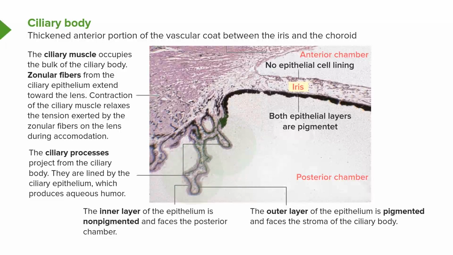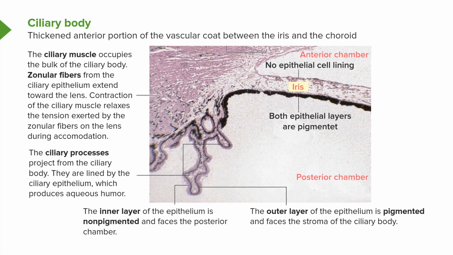the ciliary processes which you see there, they have an epithelium on them. There's two epithelial layers there, and again they're extensions of the non-neural part of the retina. Those epithelial cells closest to the posterior chamber or the vitreous actually make these little fibres, and those fibres extend to the lens.